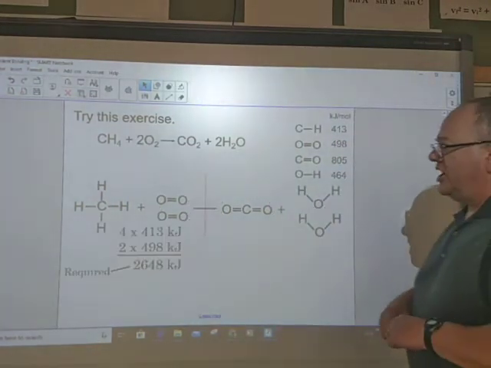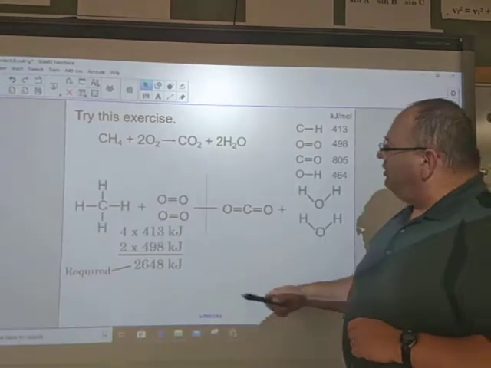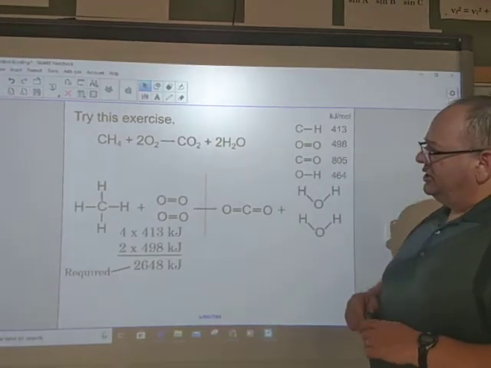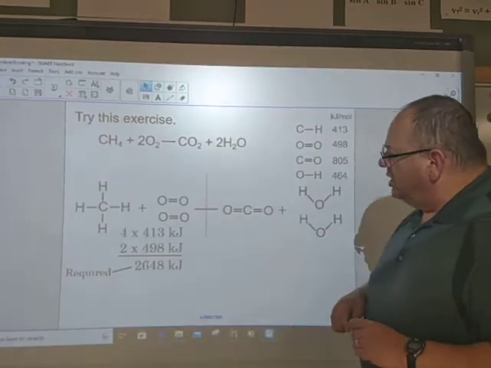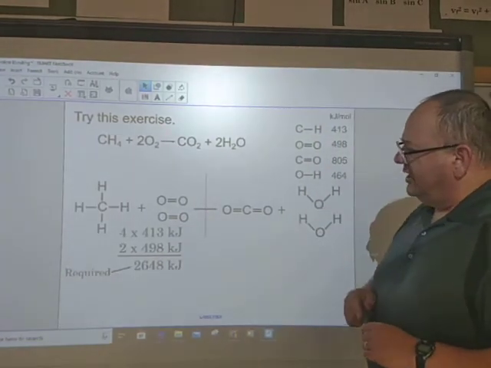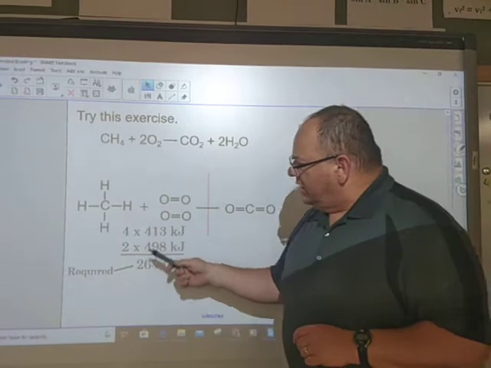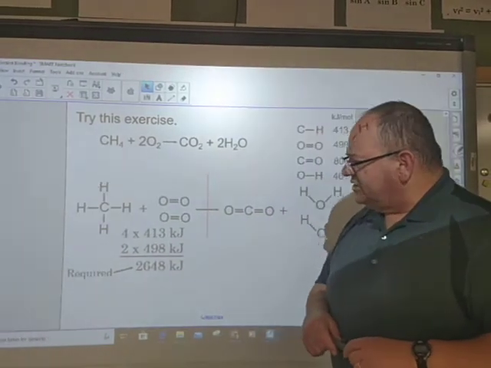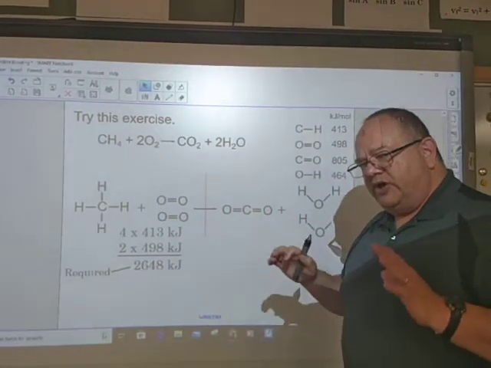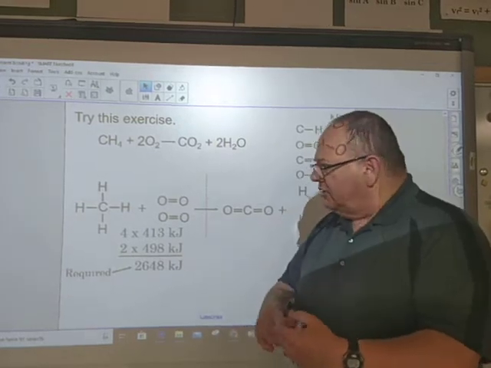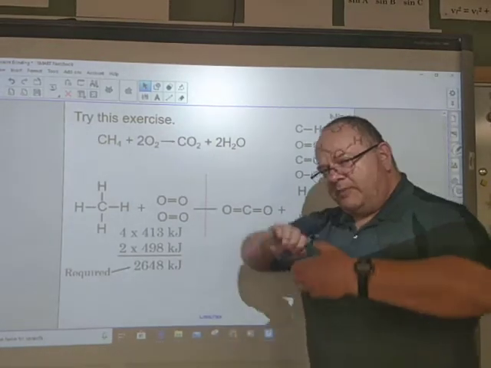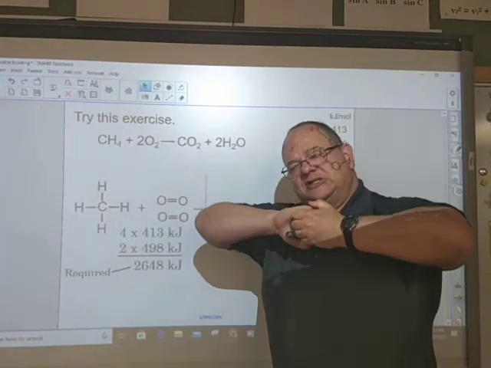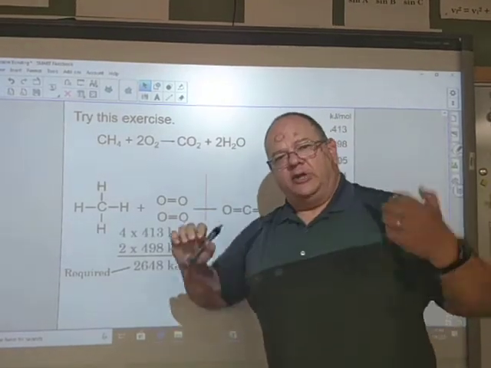So if I add those up, well, 4 of those at 413 kilojoules per mole, and 2 of the 498 kilojoules per mole. Add that all up, we've got 2,648 kilojoules of energy that would be required to tear all these atoms apart from each other. Okay, remember, a bond is an attraction. To break an attraction, you gotta put energy in.